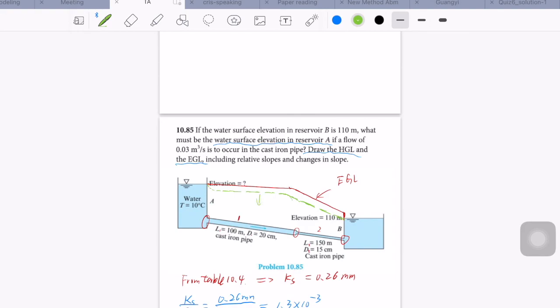So the dashed green line is the HGL. So we finish this problem.